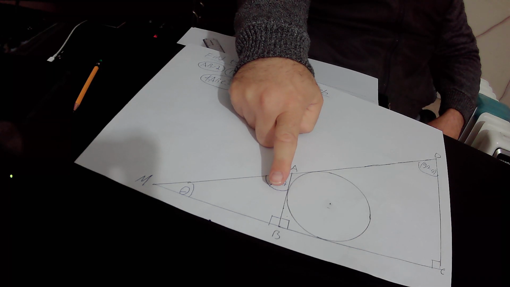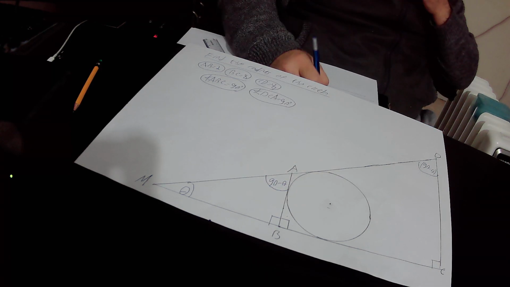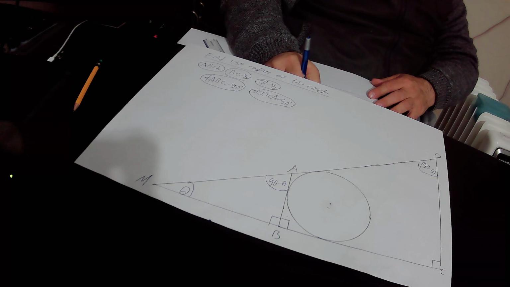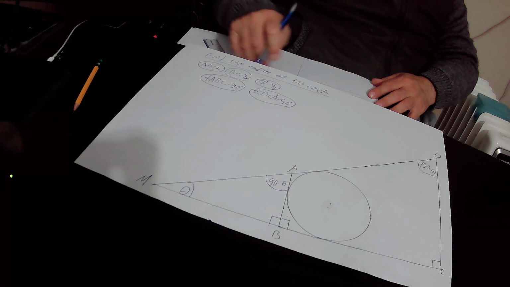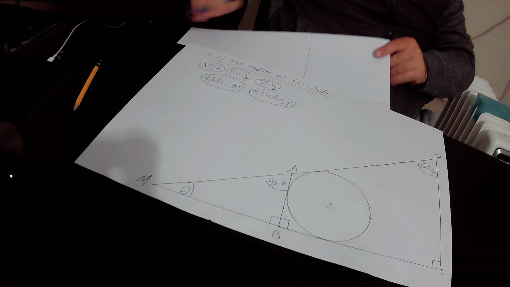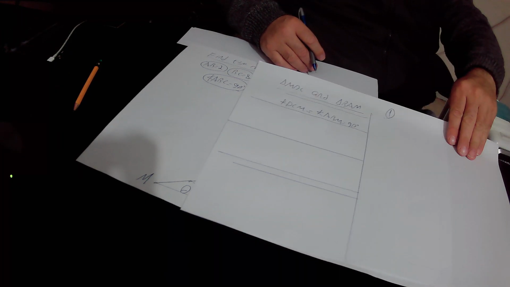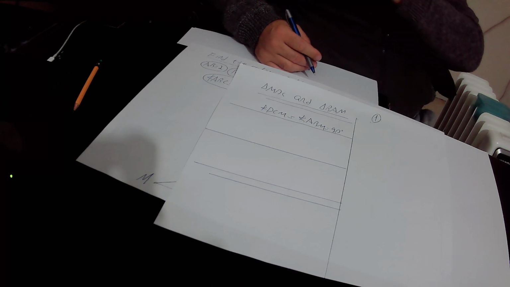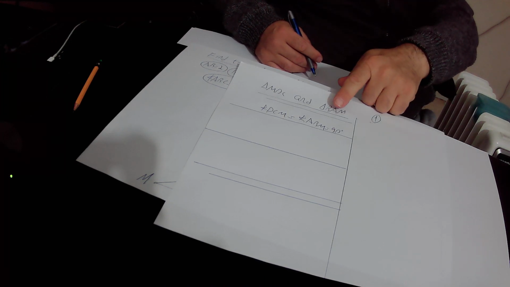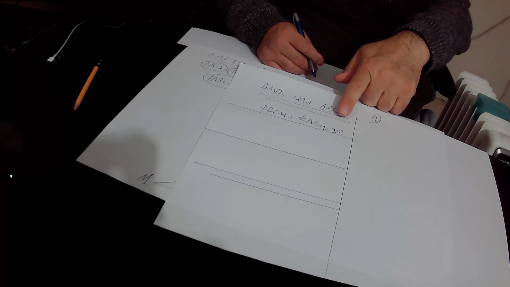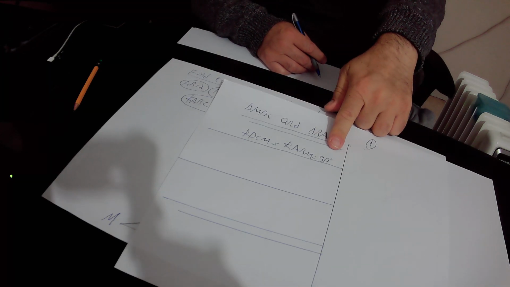This is actually angle ABM in the small right triangle MBA. Repeat again. Angle DCM in the big right triangle DCM equals angle ABM in the small right triangle MBA. They are both equal to 90 degrees, therefore they are equal to each other.